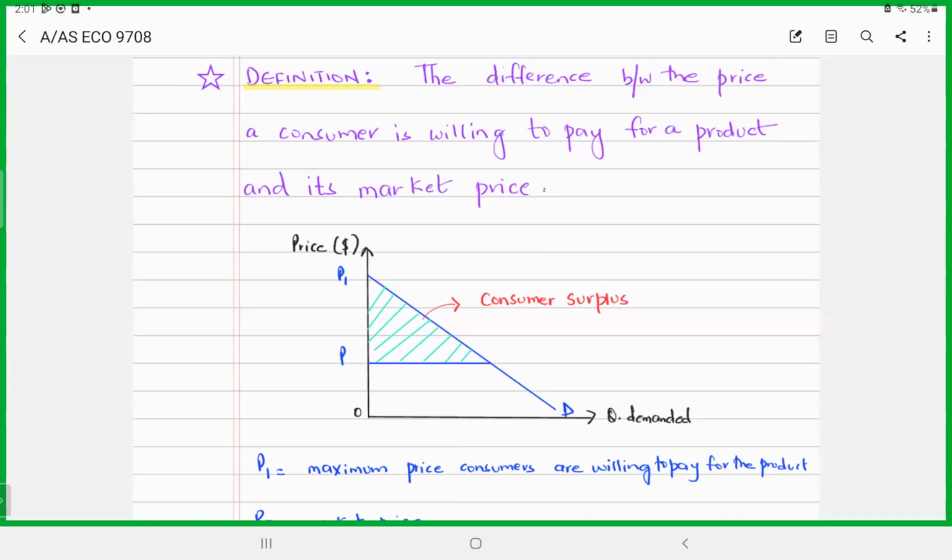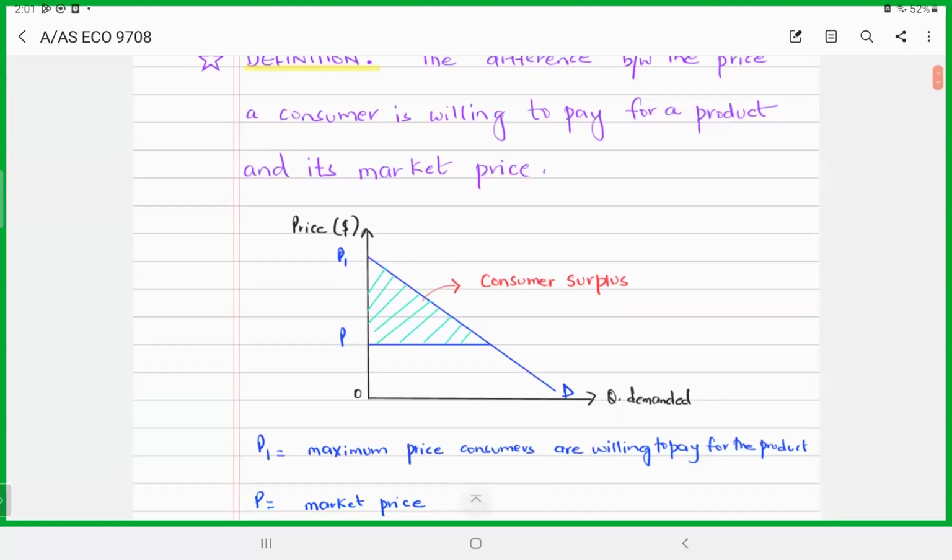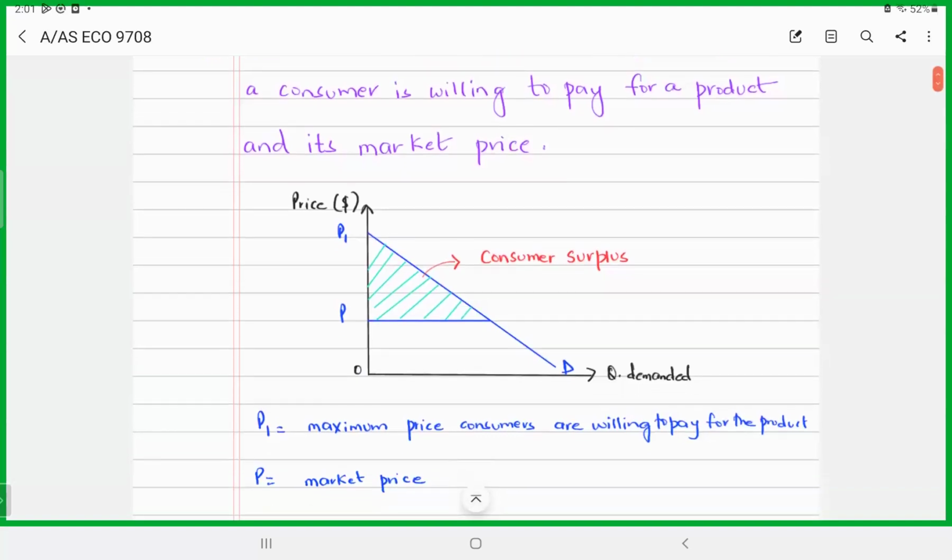This is the reason why this shaded region, which is the difference between what the consumers are willing to pay, that is P1, and the market price, which is P, is the consumer surplus. The significance of this consumer surplus is that it is a measure of the additional benefit that the consumers are receiving.